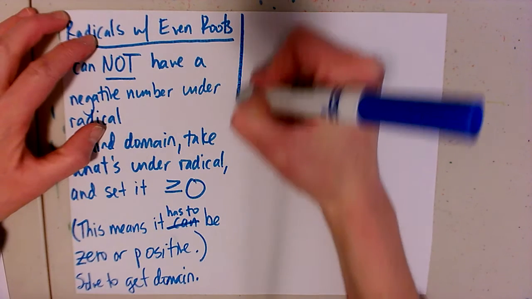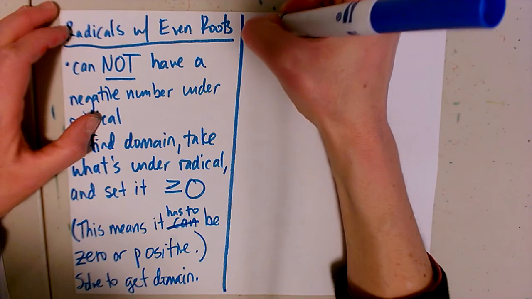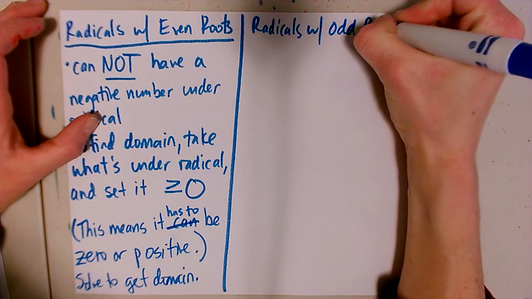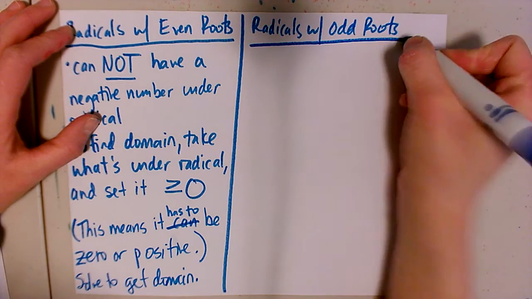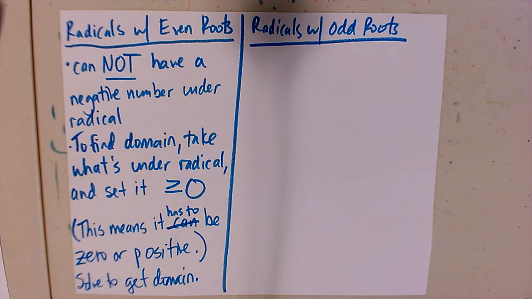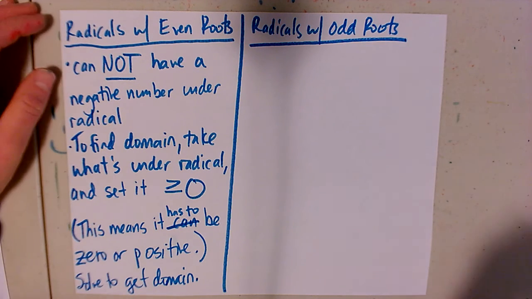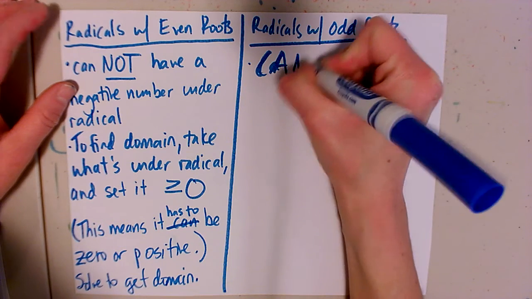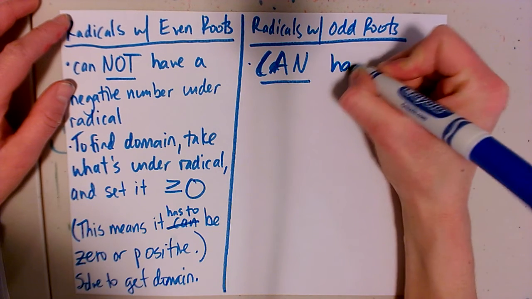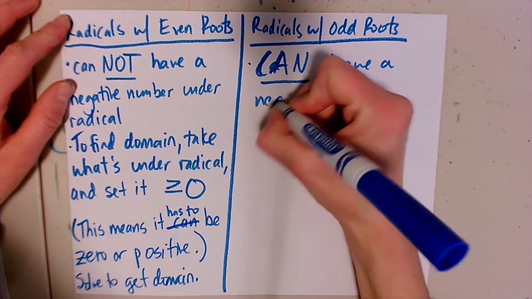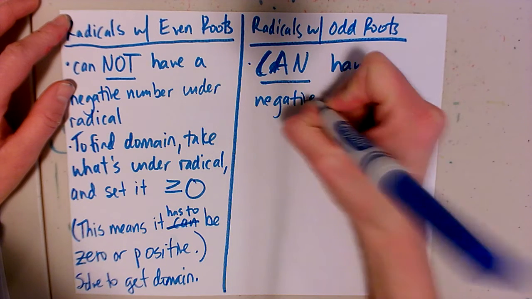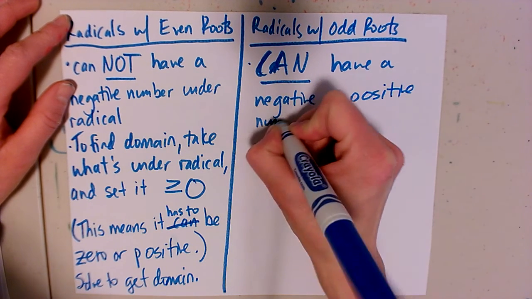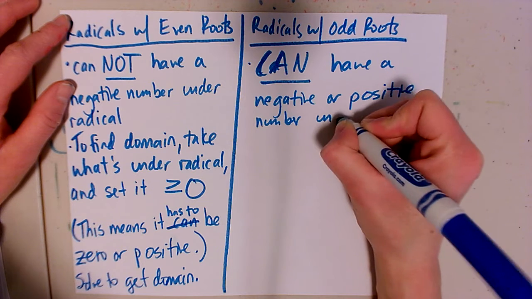Now, radicals with odd roots, this is nice and easy. So if you have a radical with an odd root, right, cube root, fifth root, seventh root, and so on and so forth, I'll put this in big bold letters, you can have a negative or positive, doesn't matter, under your radical.